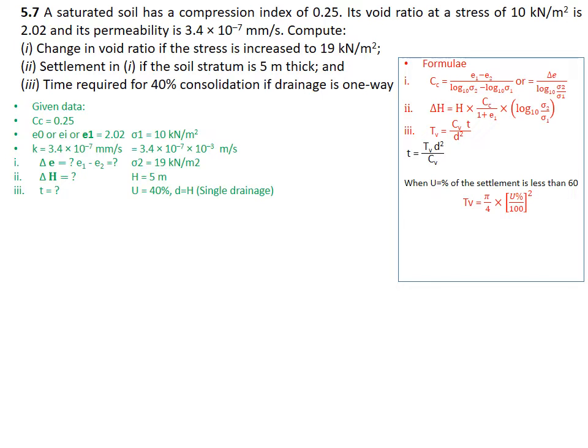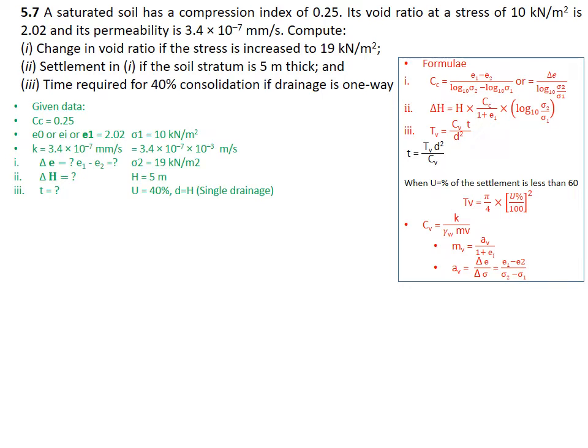Now again you go back to the third formula. In that we want Cv. For that Cv, the formula is k by gamma w mv. So k is known, so here we want the formula for mv. It is av upon 1 plus e0, or e initial, e1. Again av formula is delta e by delta sigma.